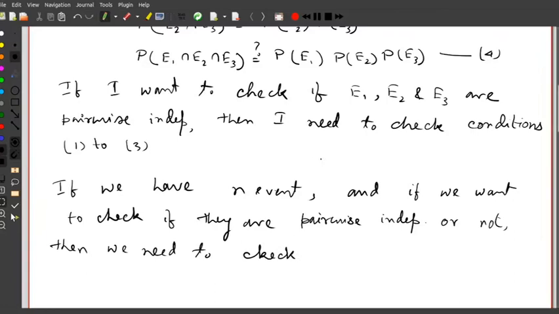So for n events, I have to take any pair and check whether they are independent or not. So we need to check NC2 conditions.